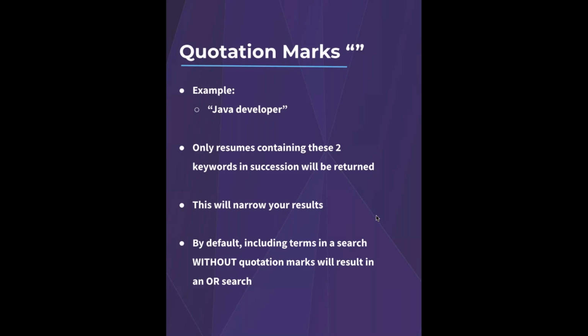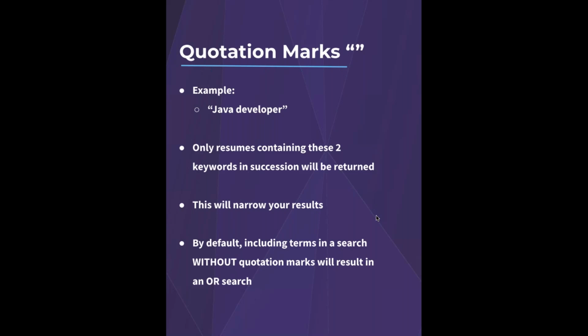And one thing that's worth noting, check out that very last bullet point. By default, including terms in a search without quotation marks will result in an or search. I'm going to hop back over to CATS after we go through these 5, and we'll go through examples of each of these. But that is one thing to keep in mind, and it sort of depends on what platform you're working through sometimes as far as how it works.